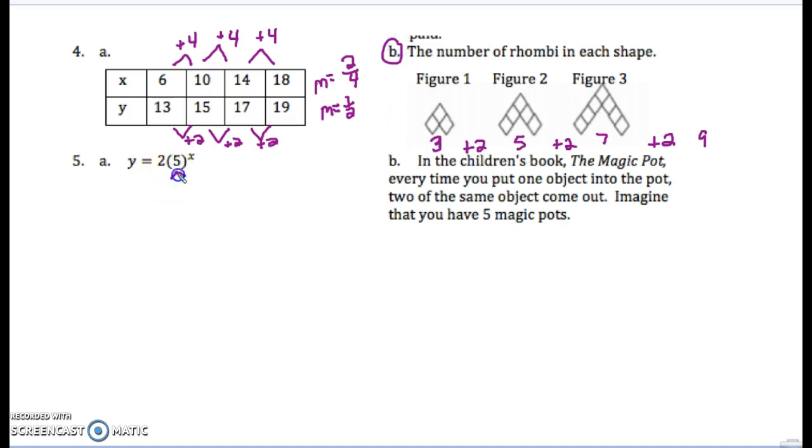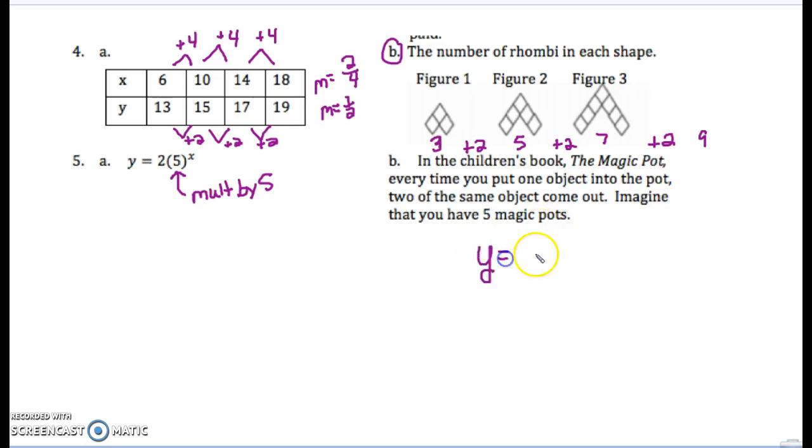Here, our rate that we're moving up, we start at 2 and we're multiplying by 5. This is multiply by 5. In the children's book, The Magic Pot, every time you put one object into the pot, 2 of the same objects come out. Imagine that you have 5 magic pots.